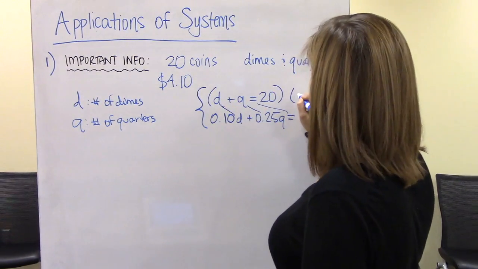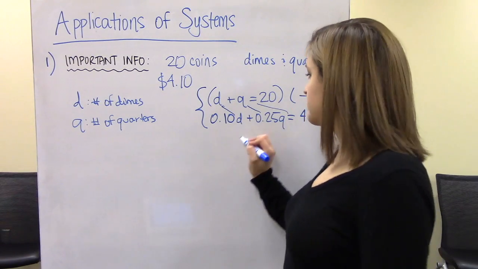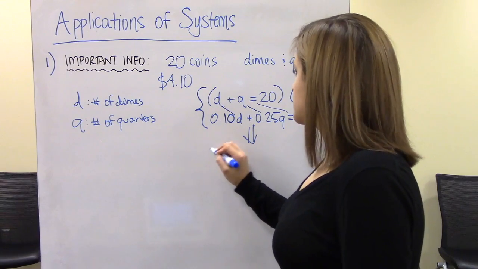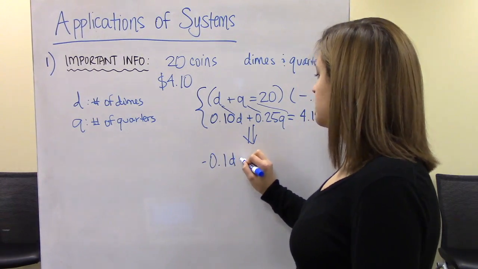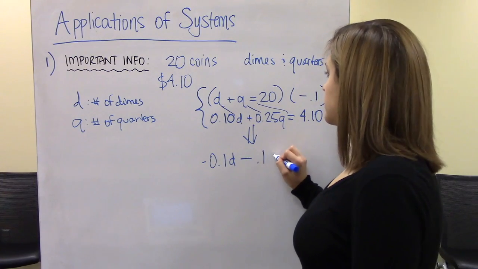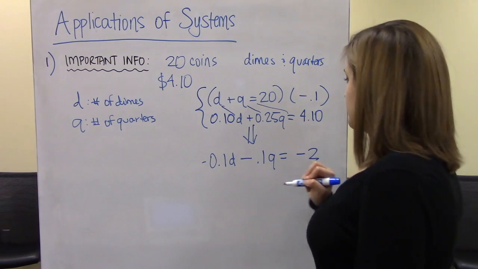So this will be times negative 0.1. And I'll rewrite my system, I'll do it down here. So I'm going to have negative 0.1 D minus 0.1 Q equals negative 2.